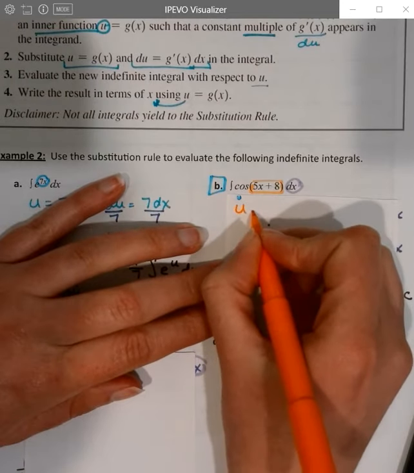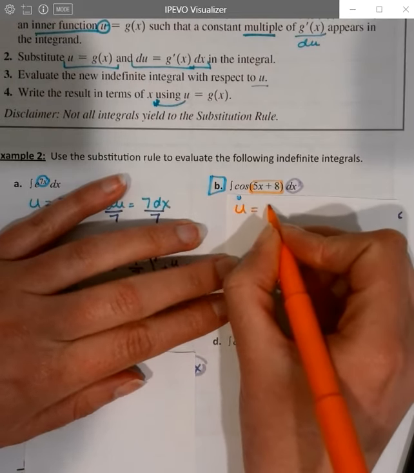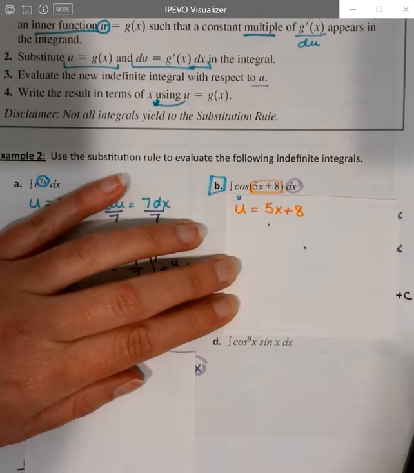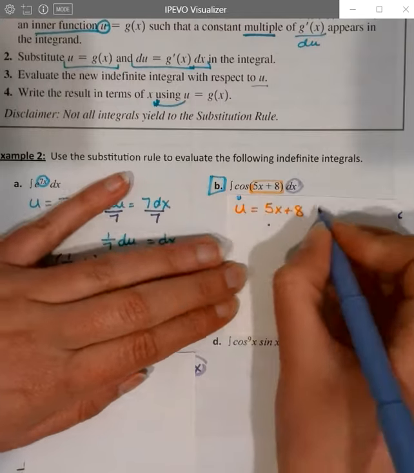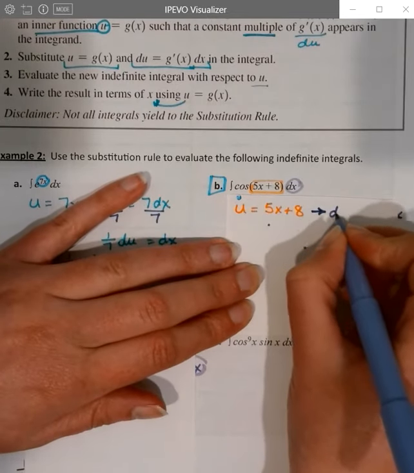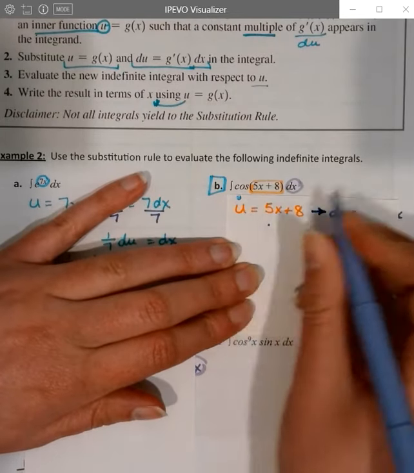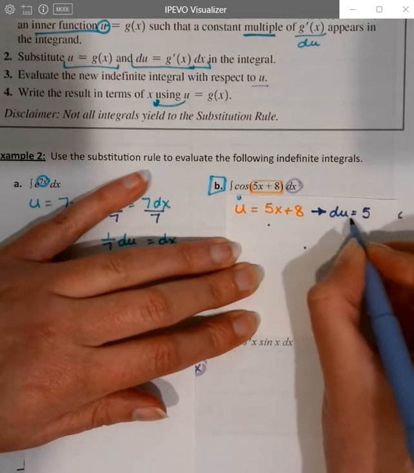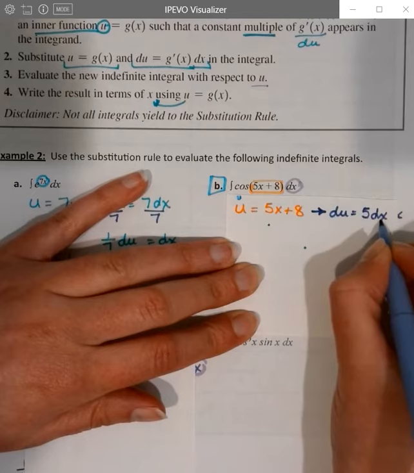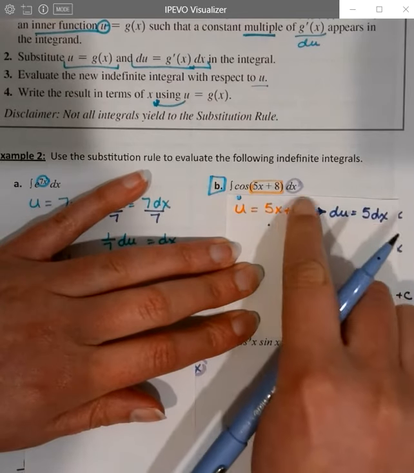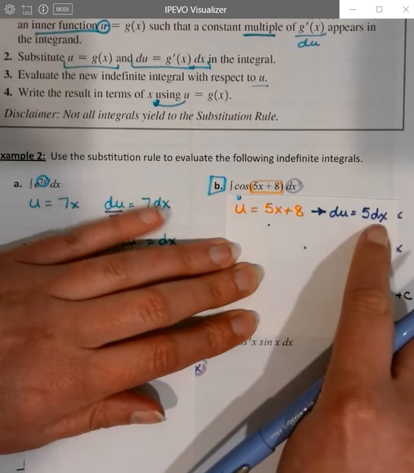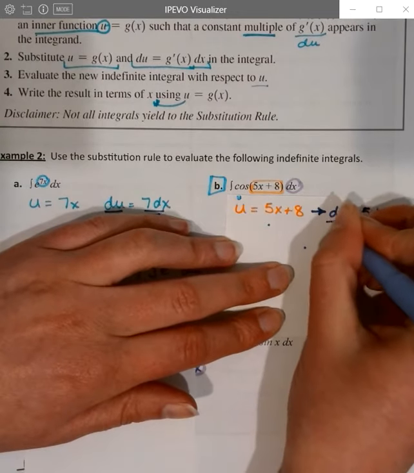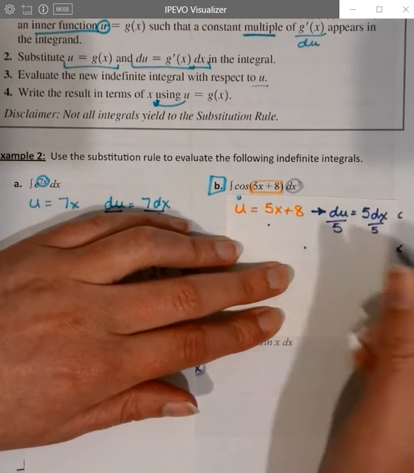Okay, so my u is going to be the inner function, 5x plus 8, and then that gives us a du of, okay, so the derivative of 5x is 5 times the differential dx. Now, I have a dx, but I don't have a 5 dx, and so I'm going to divide this 5 off so that I can figure out what to replace dx with.